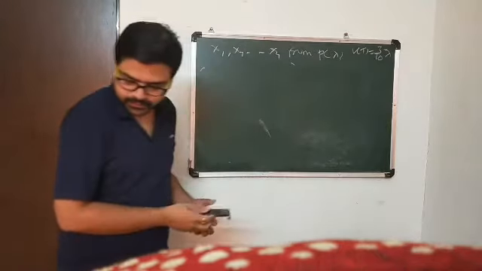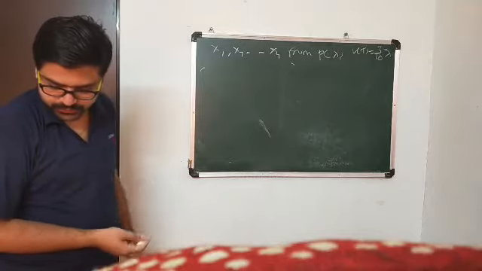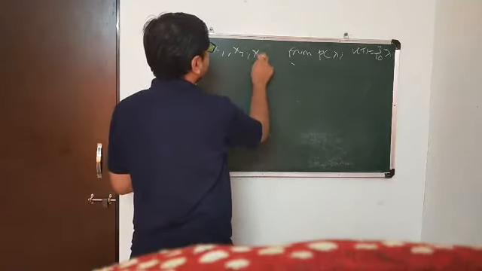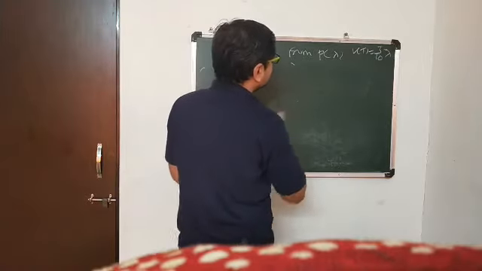Now we can take the same example from Normal(mu, sigma square). Suppose we have 3 random samples from Normal(mu, sigma square).